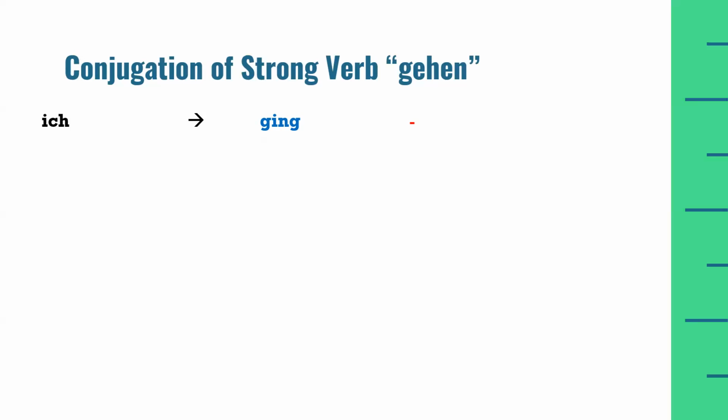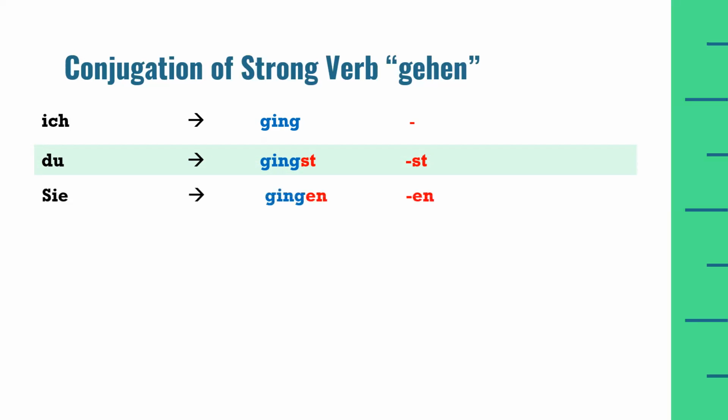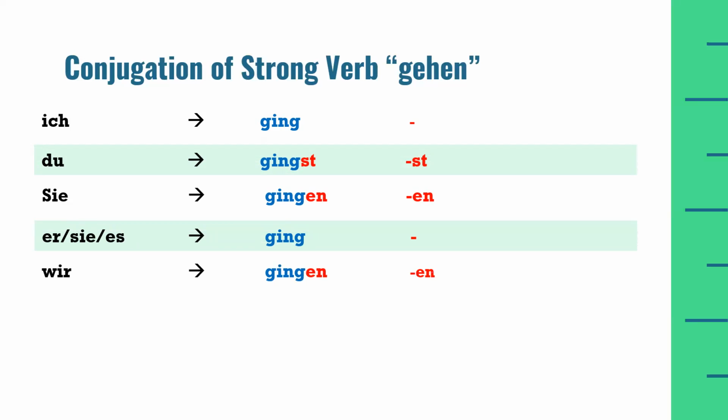So if the subject is ich, gehen will become ging, I went. Du gingst, you went. Sie gingen, you went, again formal second person. Er, sie, es ging, wir gingen, we went. Ihr gingt, you people went.